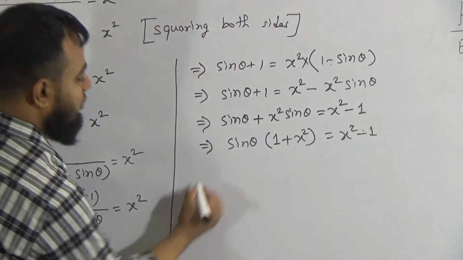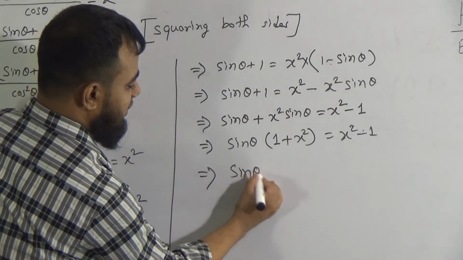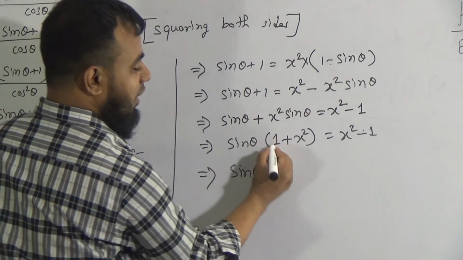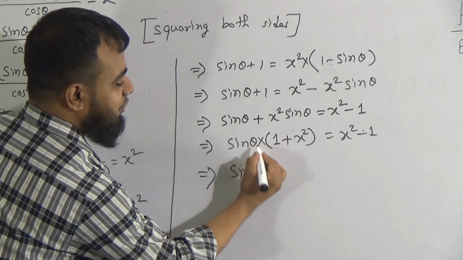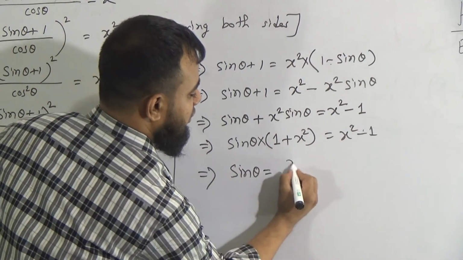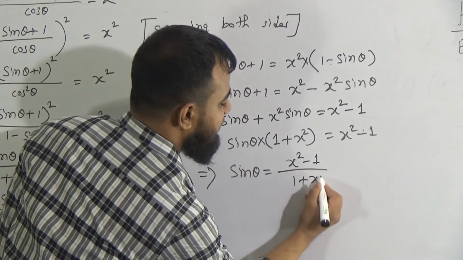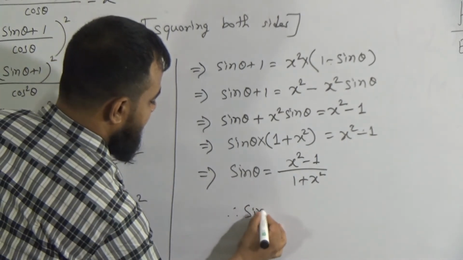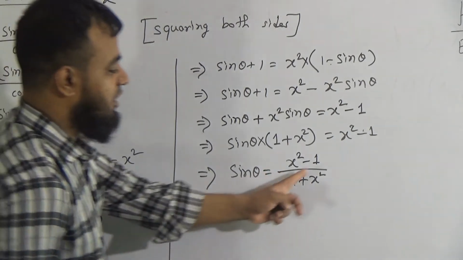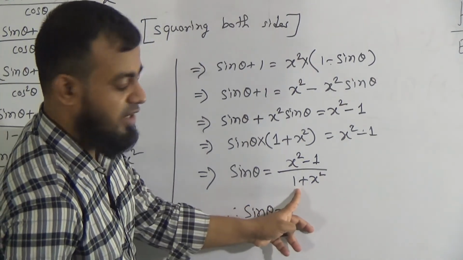My dear students, now we can find out the value of sin theta. Sin theta equals, we need to transfer this 1 plus x square into the right side. This 1 plus x square is multiplied with sin theta before, so it will be division with x square minus 1. So x square minus 1 divided by 1 plus x square. Now we have already got sin theta's value, but we need x square plus 1 as our denominator.